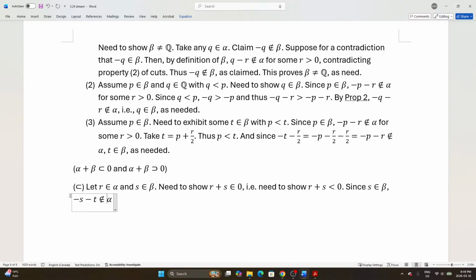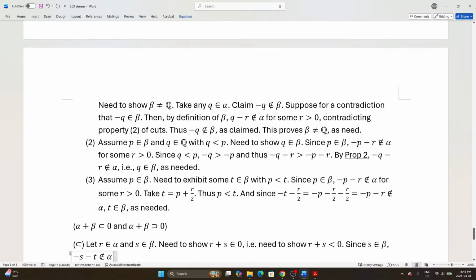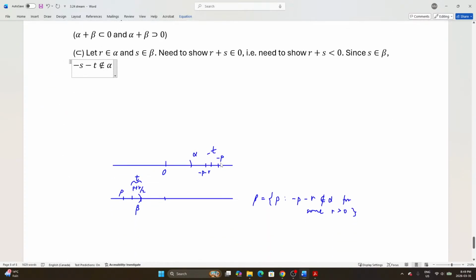For some T positive, right? We have our diagram here. Minus S minus T is not in alpha for some T positive, so we must already have minus S is not in alpha.